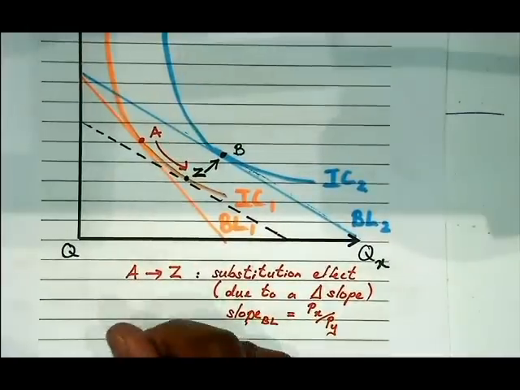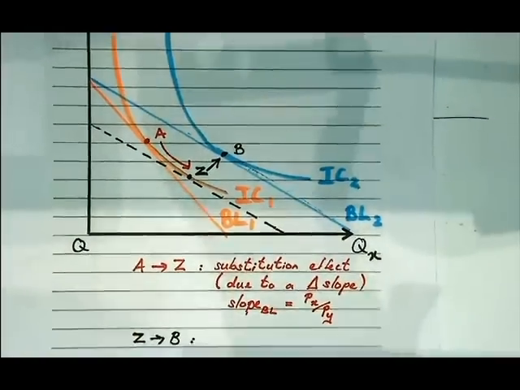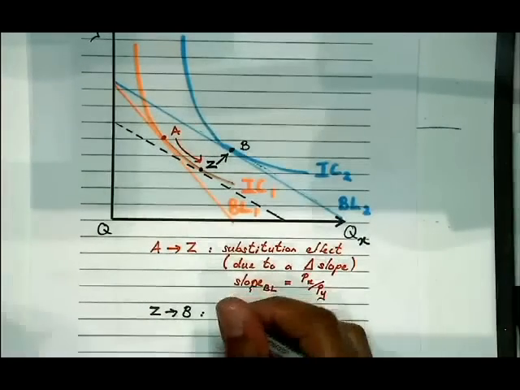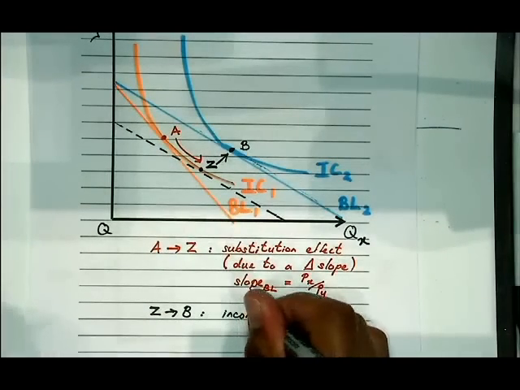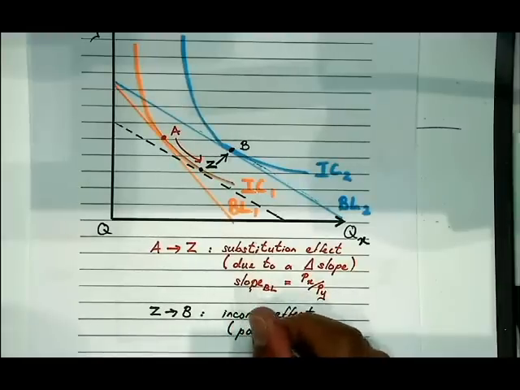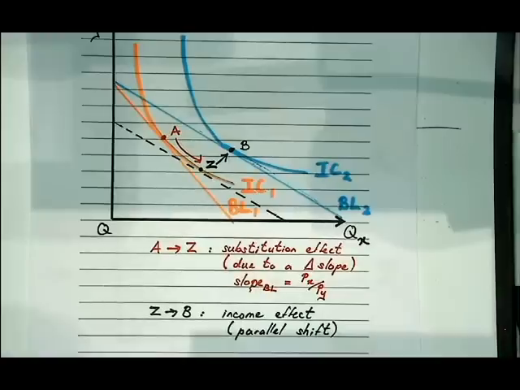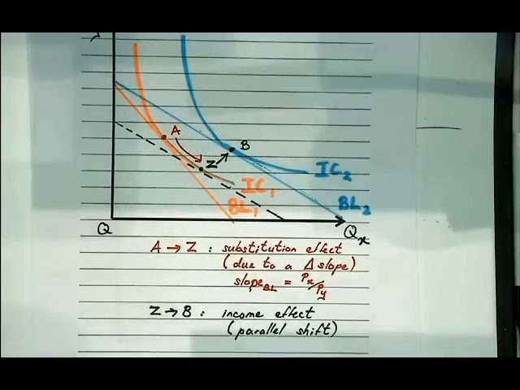Therefore, Z to B is the income effect because it is a parallel shift. Is that okay?